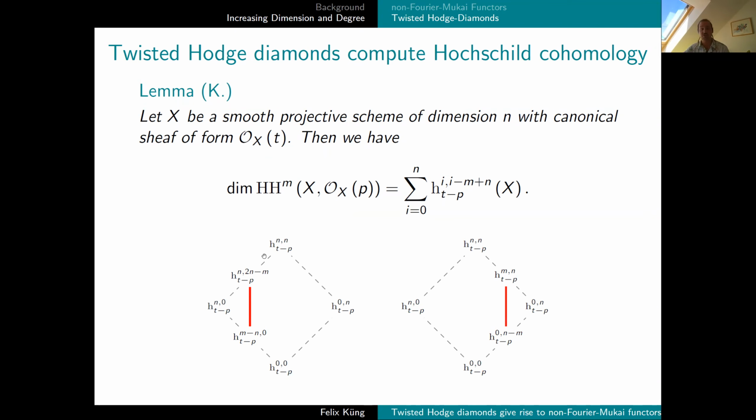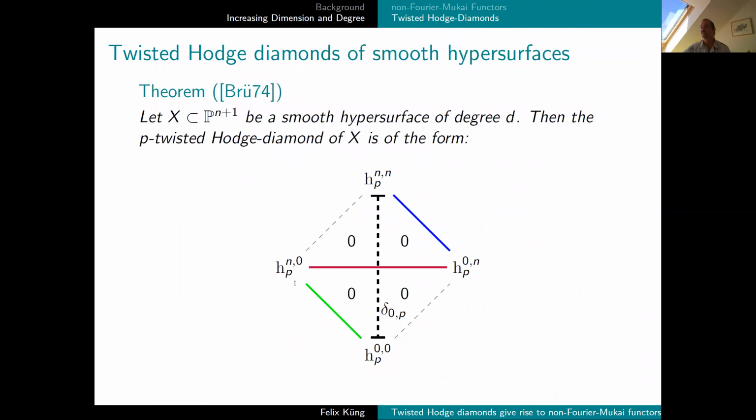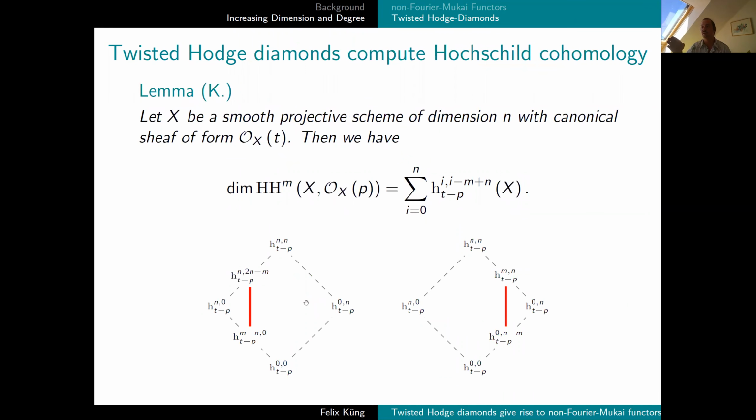So you can take your Hodge diamond and just look at your columns, and these are the HH^i. So this is the HH^0, then you go up, this is the HH^n, and this is the HH^{2n}. So every column becomes the dimension of your Hochschild cohomology.